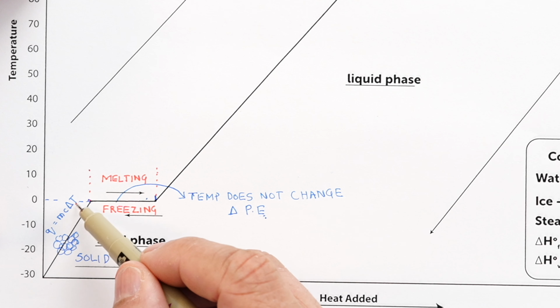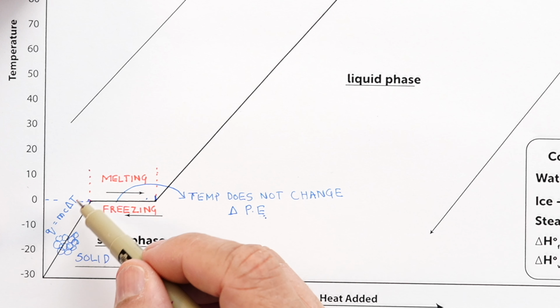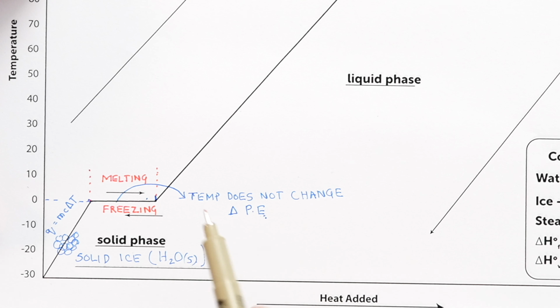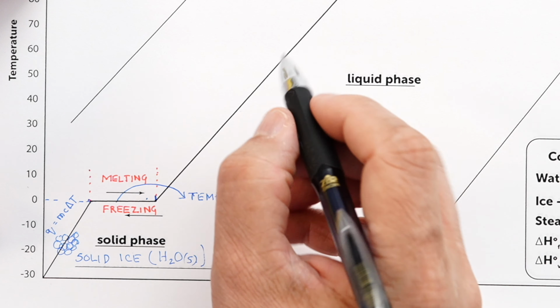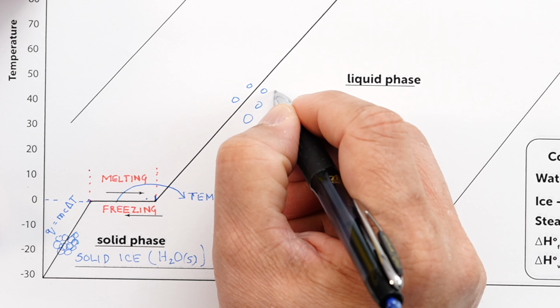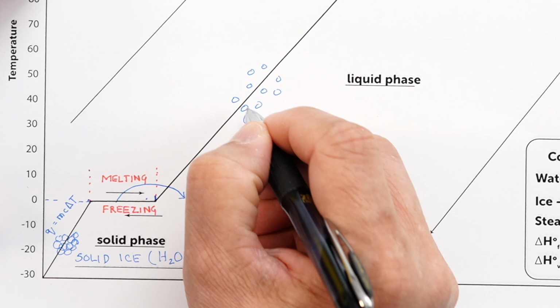When you are expressing the change in temperature, the delta T, and you're measuring enthalpy by Q, here the temperature is changing, so this slope is changing. Now once we get to liquid water over here, I'm going to draw the water molecules a little bit further apart. Again, this is not to scale. I'm just drawing water molecules for you to understand that they are not all clumped together.